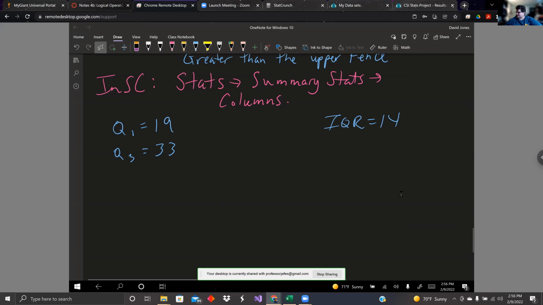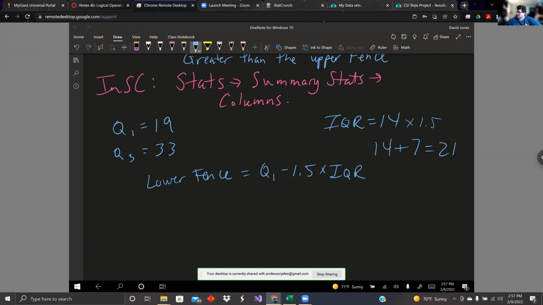So if I want 1.5 times 14, this ends up being 21, which is 14 plus half of 14. It's 21. So my lower fence is Q1 minus that 1.5 times the IQR, which is 19 minus 21 is -2.